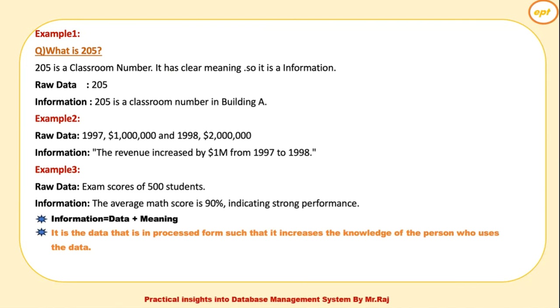Earlier I just gave you 1997, 1 million and 1998, 2 million, and you had no information. After processing, I gave you the information that the revenue increased by 1 million from 1997 to 1998. Then your knowledge increases with respect to that data, right? Isn't it?